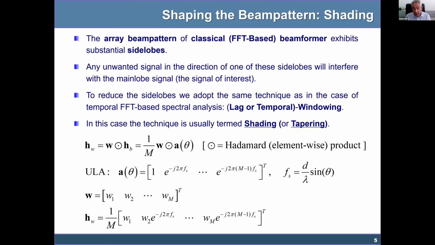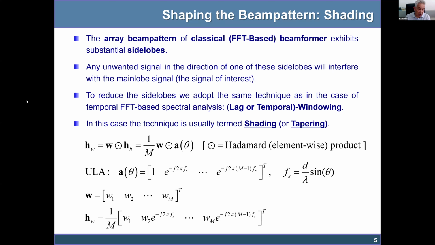If you are familiar with Fourier analysis, if you have a rectangular signal in the time domain with an abrupt change, in the frequency domain you have a spectrum with high side lobes. If you want to reduce side lobes, you should make the transition less abrupt. So you have to introduce a smoothing transition in the time domain. Well, basically the idea is to apply exactly the same technique in space and angle instead of time and frequency.